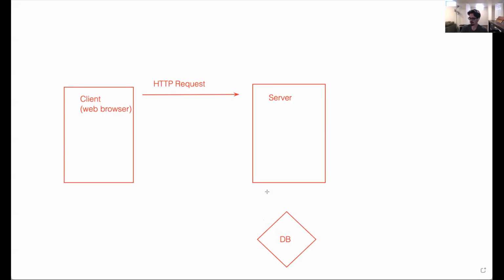We might need to retrieve things or send things off to the database, and we'll get that data back. Then somehow we'll create a response to this user's request. So then we'll create an HTTP response. This response is going to include typically HTML and CSS. That's what the user sees, and that's what their browser displays.